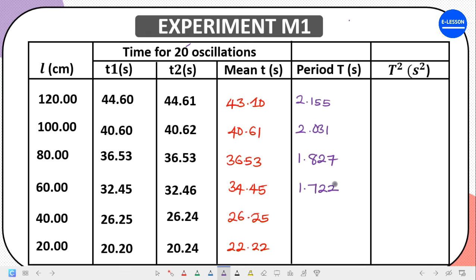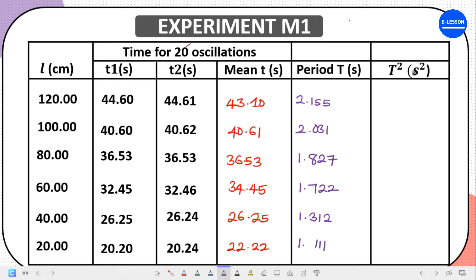And then the next one is 26.25 divided by 20. This will give us 1.312. Let's take it like that. Then we'll have 22.22 divided by 20. This will give us 1.111.